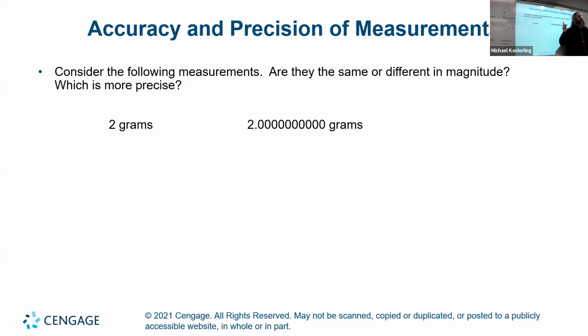They're letting us know that we know this is only plus or minus 10 to the minus 10 grams, so like plus or minus 1/10 of a nanogram, while this one, you're really probably dealing with maybe plus or minus 1 gram.